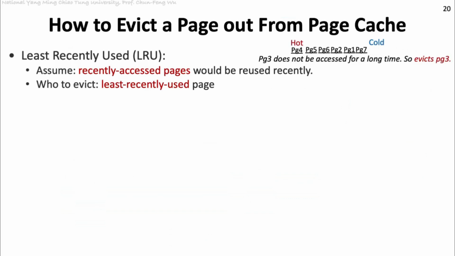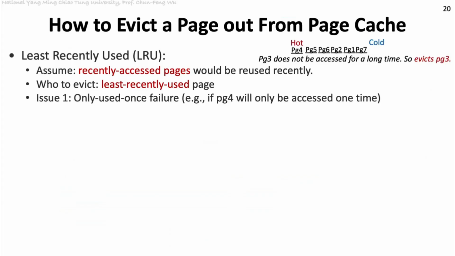So this is a very brief concept of LRU, but what are the issues here? First, there is an issue called the use-once failure. The scenario is like this: if page 4 will only be accessed one time, and because we accessed it, page 4 is moved from the tail to the head.